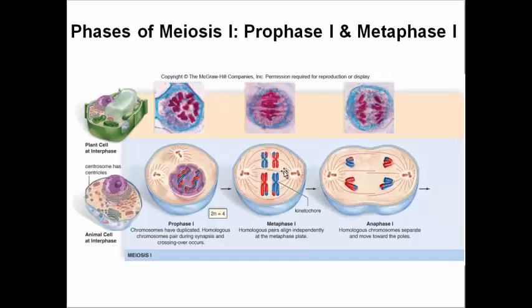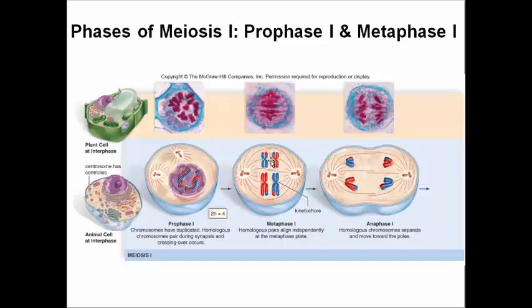In metaphase 1 of meiosis, this is a question you'll commonly be asked over the next couple weeks, up to the final, and then on in your biology career. So what lines up at the metaphase plate at metaphase 1? And you will always say homologous pairs of chromosomes line up. See where I'm pointing right now?